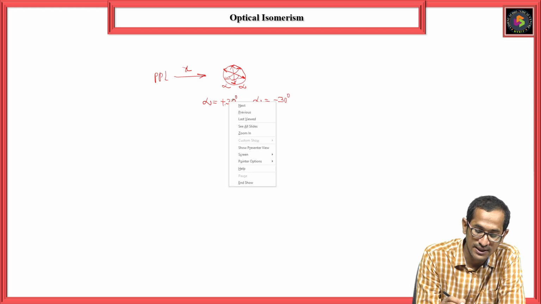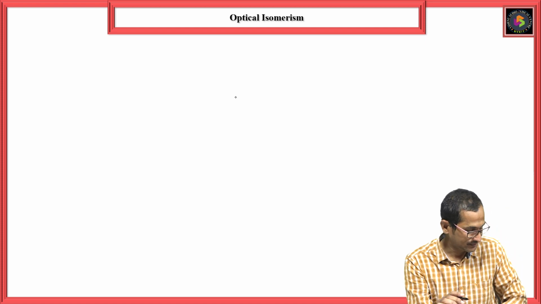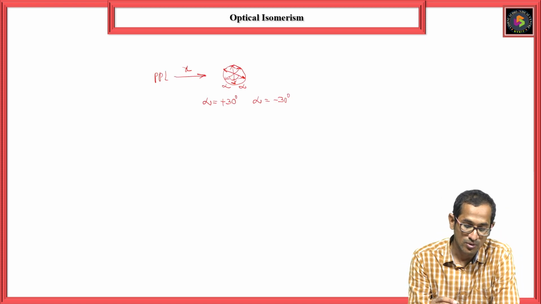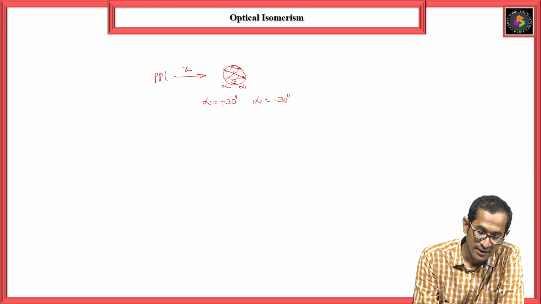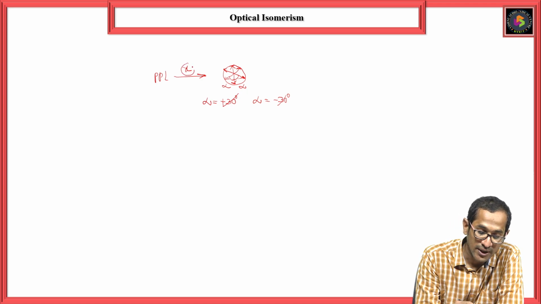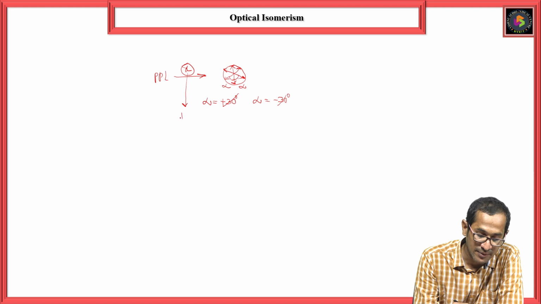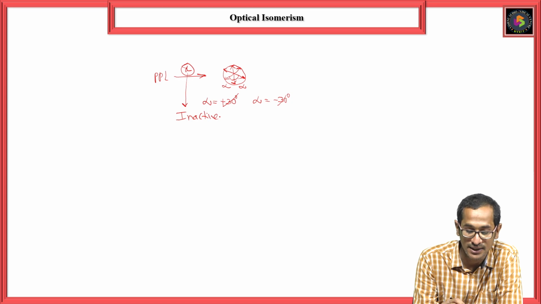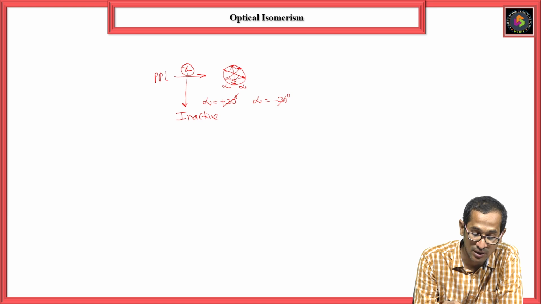Under such conditions, the angle of rotation, the specific rotation, will be cancelled out. Then this particular compound X is said to be optically inactive, because no rotation is taking place. Such compounds are called optically inactive compounds, and that is a racemic mixture.